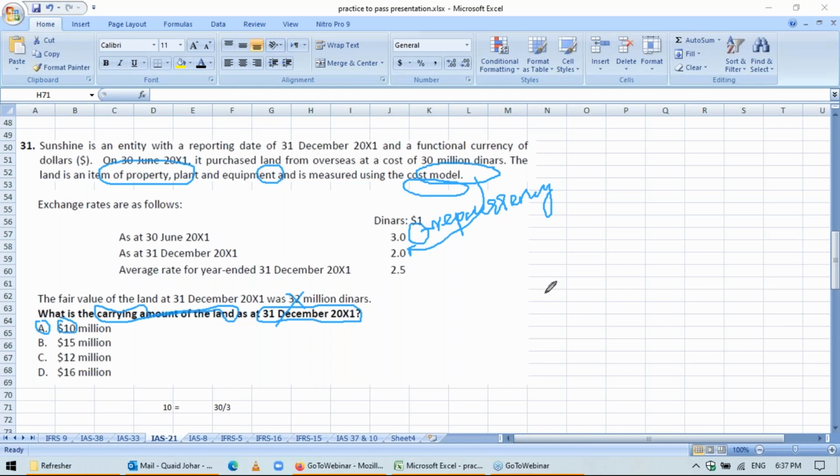This was a very simple question, but you need to have the knowledge to solve it. So the correct answer is A. Okay, let's move ahead.